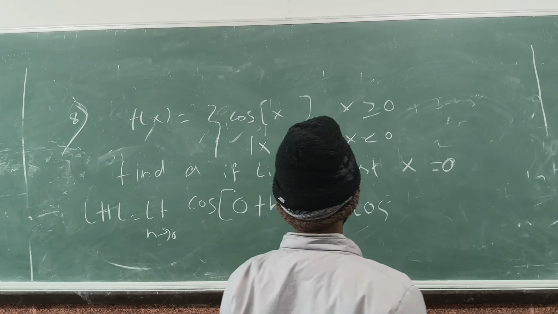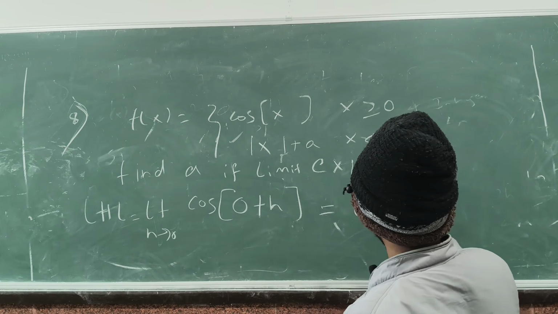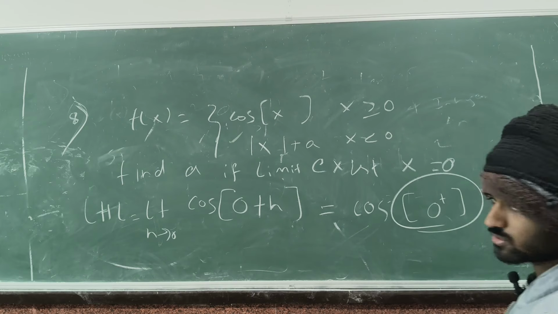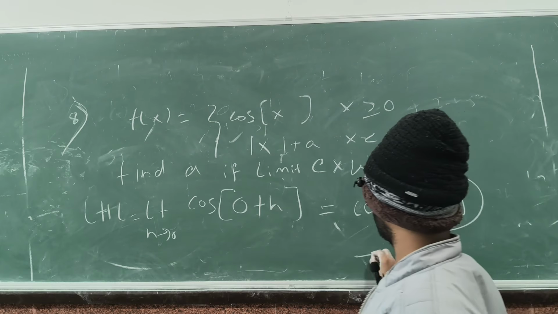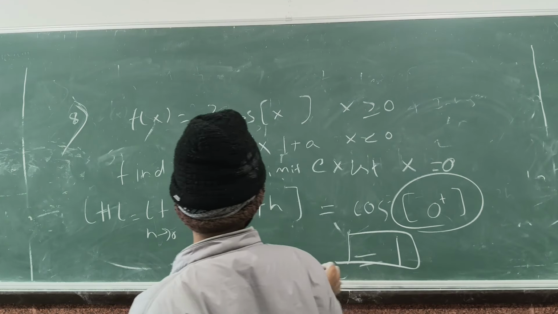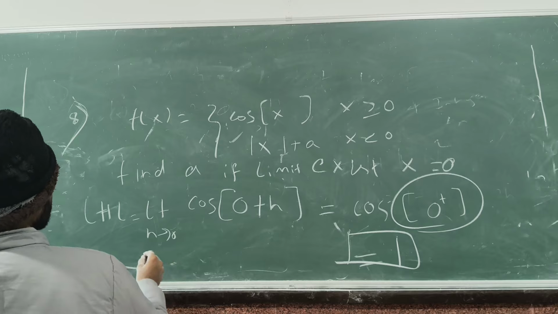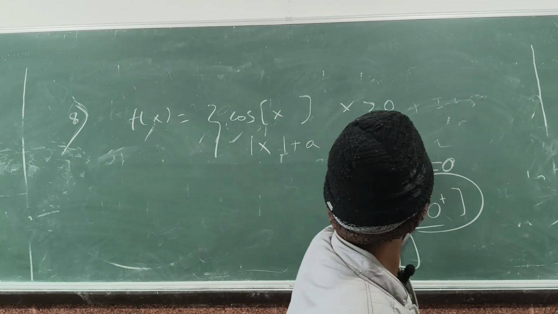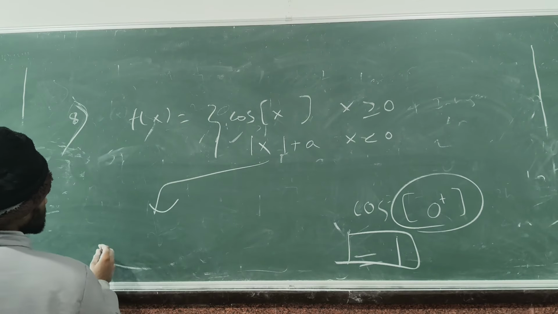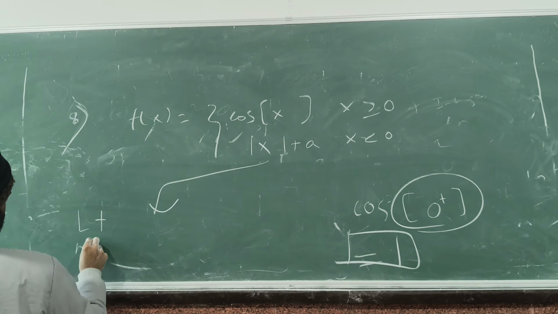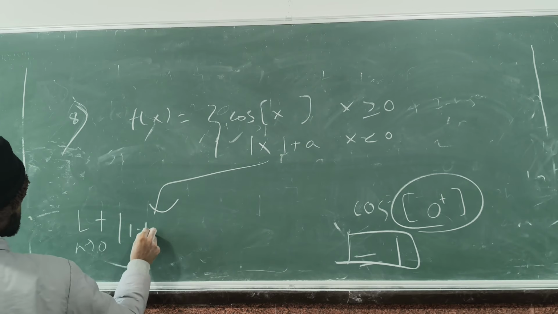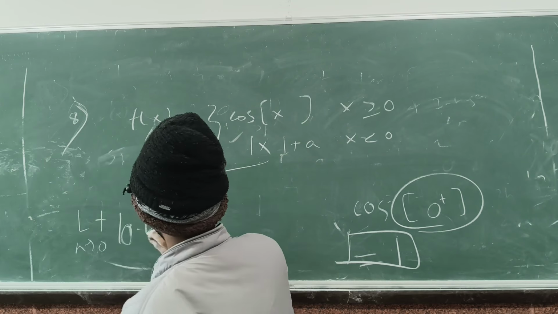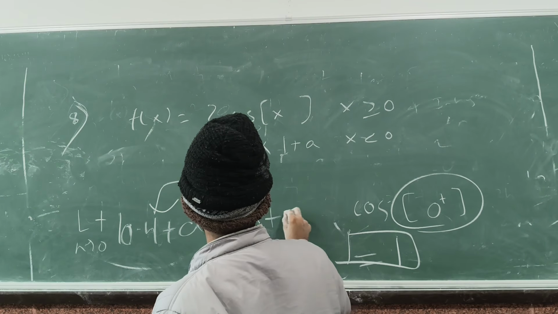Cos of something at 0 plus, which is positive, step of 0 plus is 0, so cos 0 is 1. And the limit as x tends to 0 minus, limit h tends to 0 of mod of (0 minus h) plus a, equals positive quantity mod h plus a.